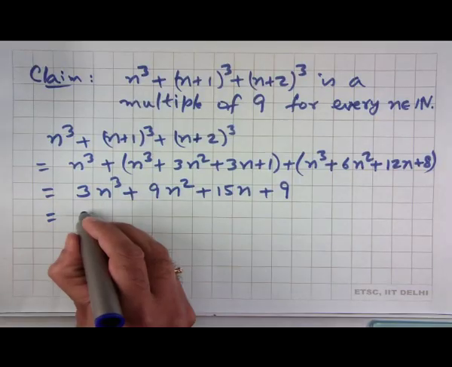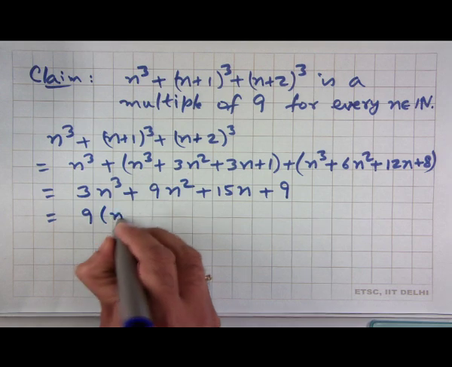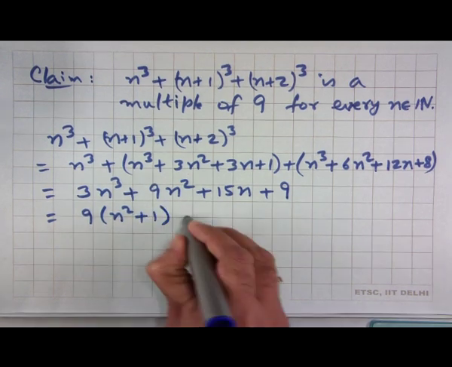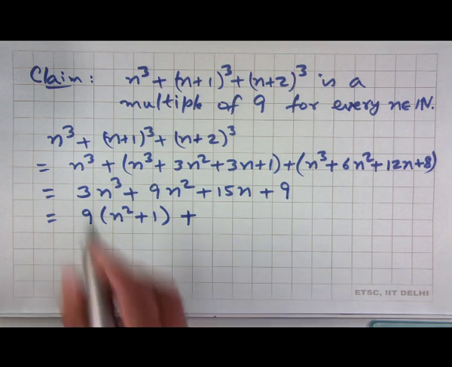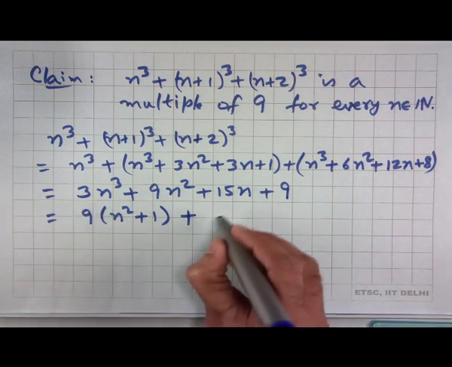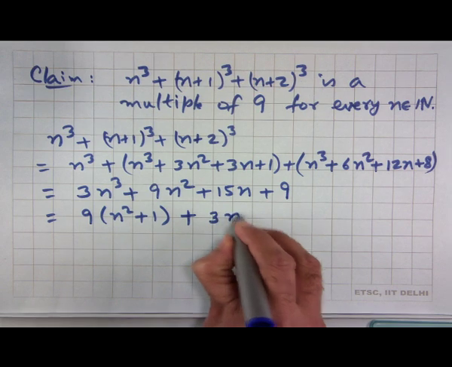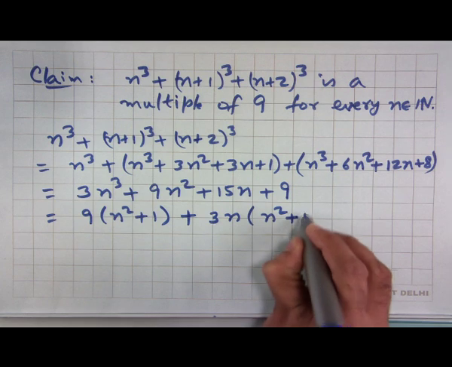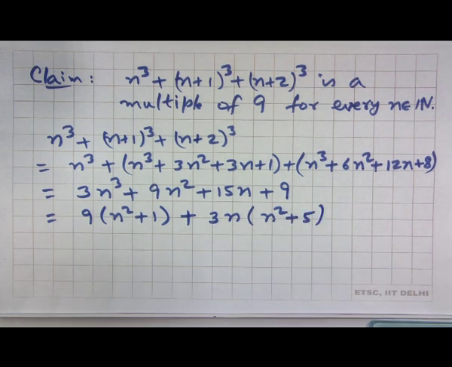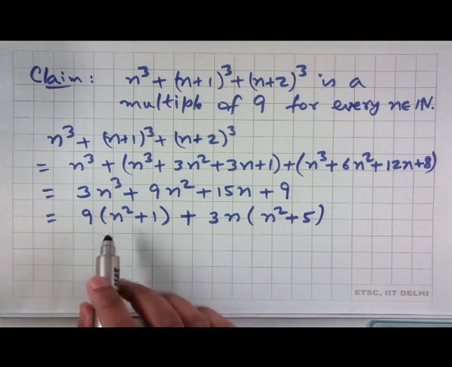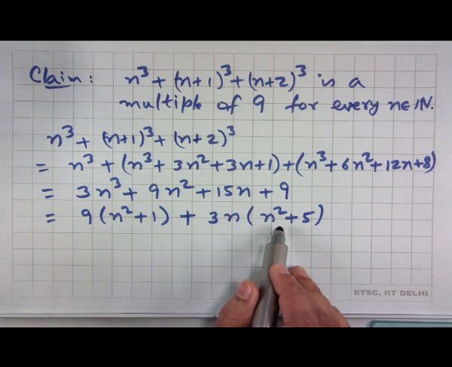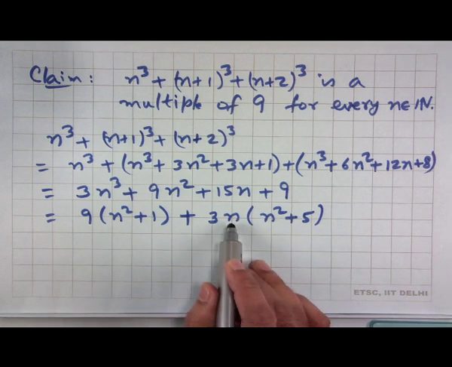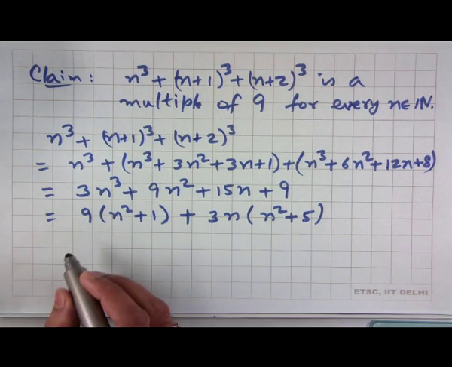We already have 9 times (n square plus 1), and then we have 3n cube plus 15n, which is equal to 3n times (n square plus 5). So, to show that this is a multiple of 9, you just have to see that n times (n square plus 5) is a multiple of 3.